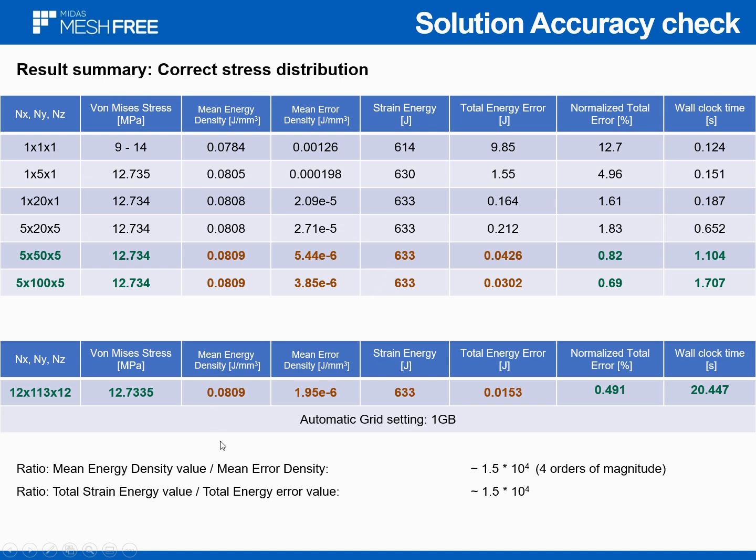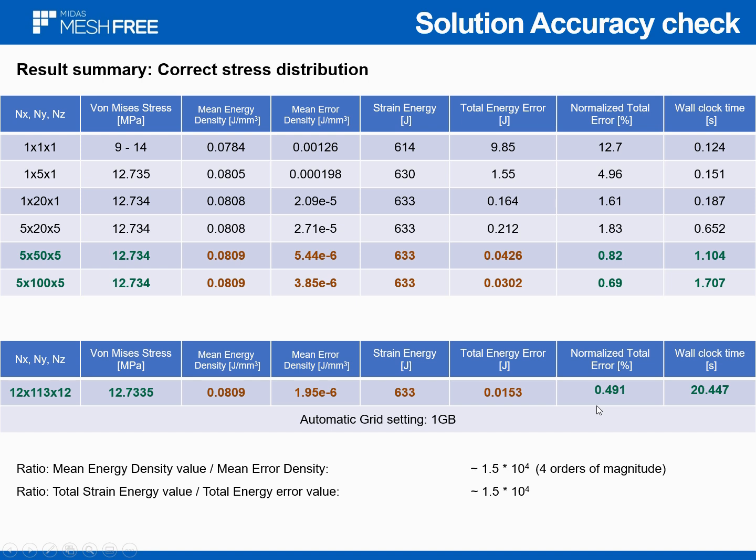If we compare this with the automatic grid setting, which I presented at the beginning, we can see that the ratio between mean energy density and mean error density is approximately 1.5 multiplied by 10 to the power of 4, which means there are 4 orders of magnitude of difference.